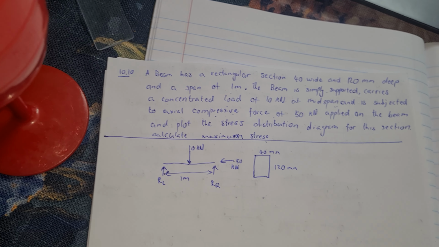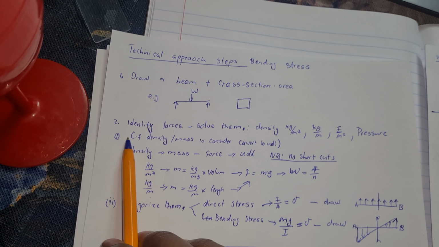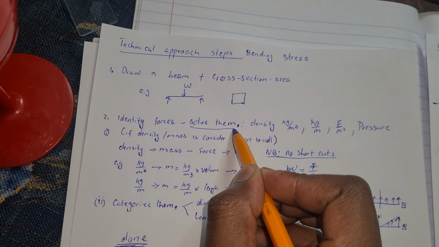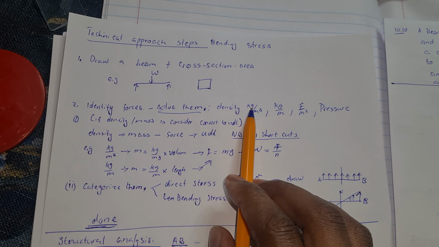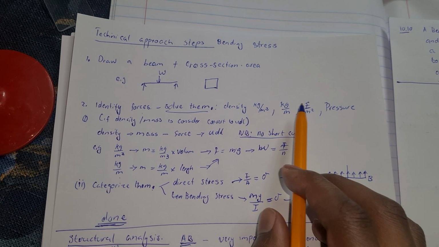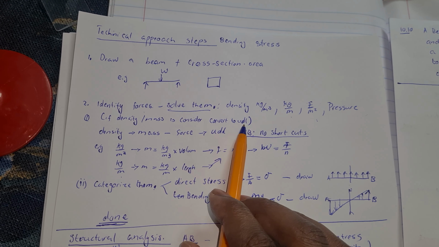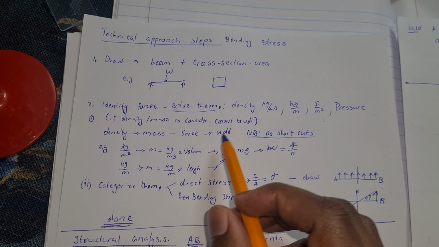And then they ask us to calculate the maximum stress. Okay, then number 2 from here, identify the forces and solve them, right? If there's density, kg force or pressure, then we convert it.